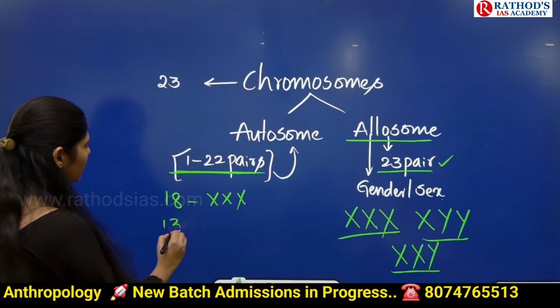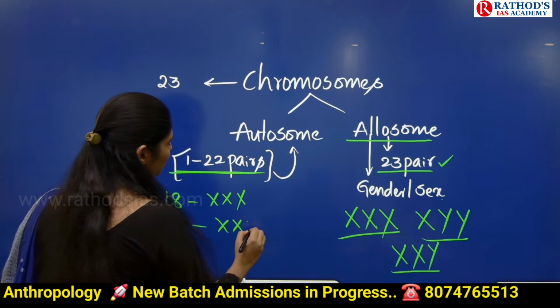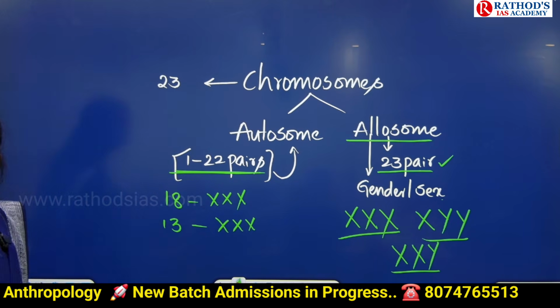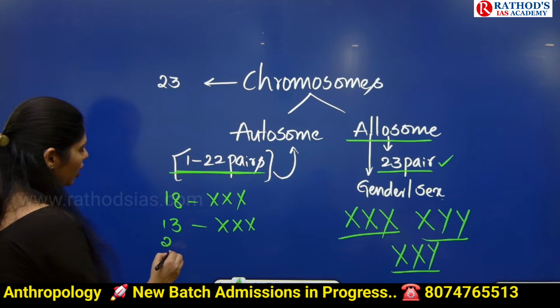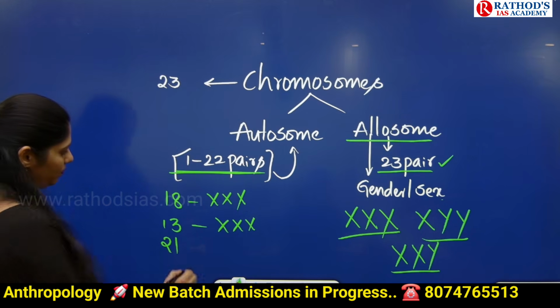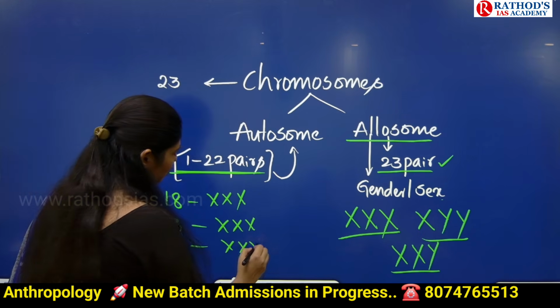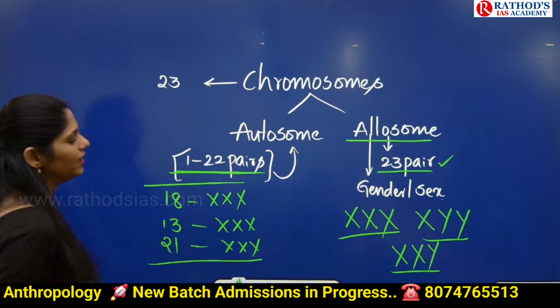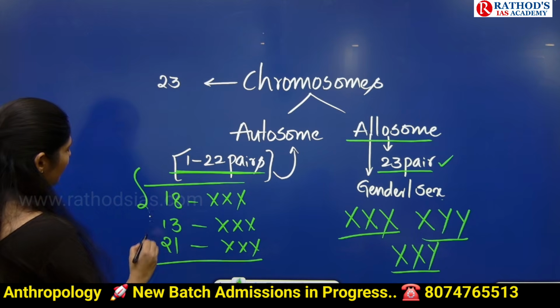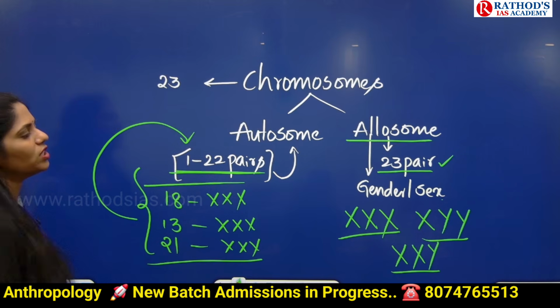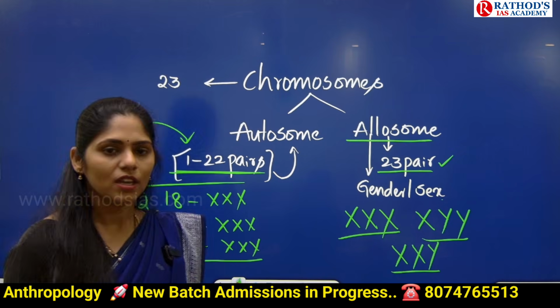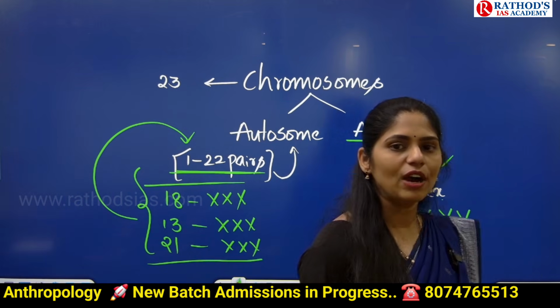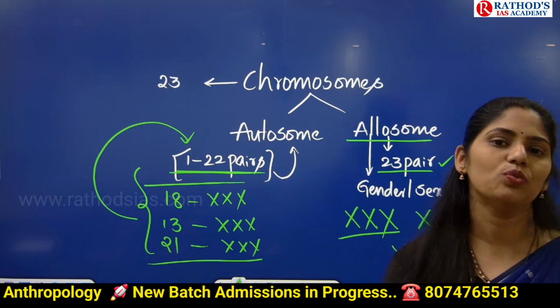On the 13th chromosome, if you are having an extra chromosome like this, we have one genetic disorder. And on the 21st chromosome, if you are having an extra chromosome, we are having another disorder. So these are the 3 main genetic disorders related to autosome trisomy. The names of those syndromes are Down syndrome, Patau syndrome and Edwards syndrome.